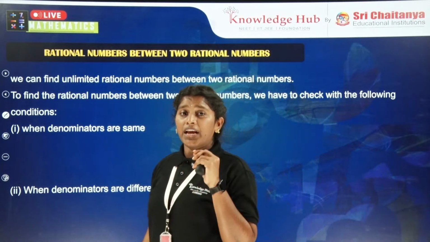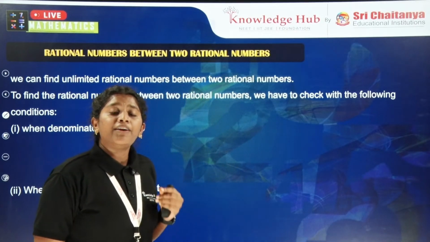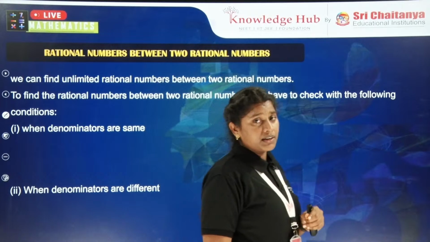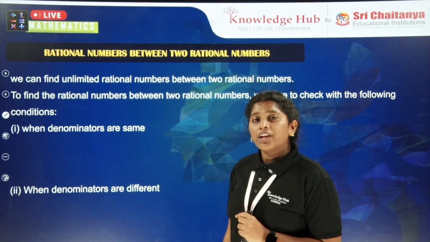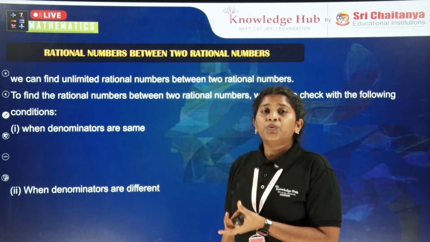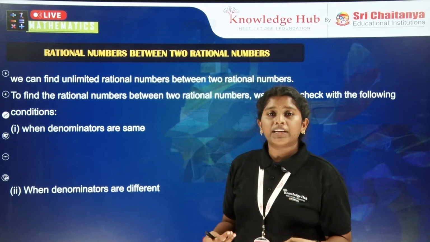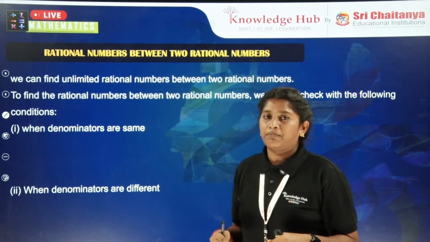That means between any two rational numbers we have infinitely many rational numbers.